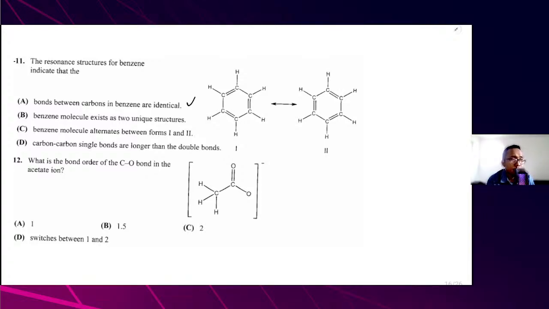Okay, so eliminate B. C says alternate between form 1 and 2. Again, it's not rapidly flipping back and forth. Instead, the electrons are delocalized and the true structure is a hybrid. Oh yeah, it will be a hybrid because there is no specific structure like I mentioned. So it will be form 1 and 2 at the same time.